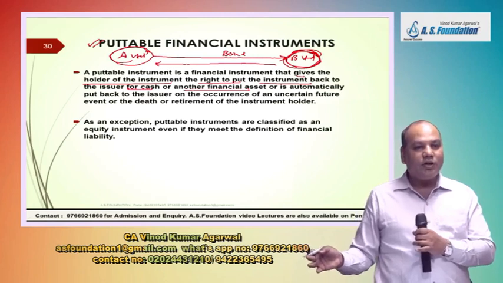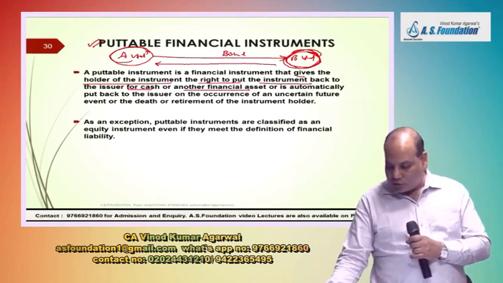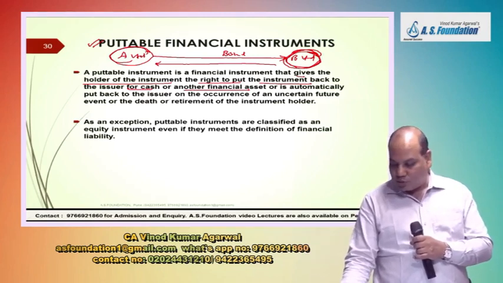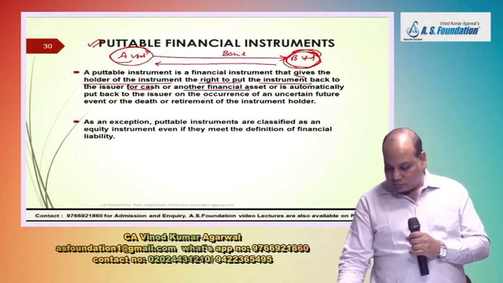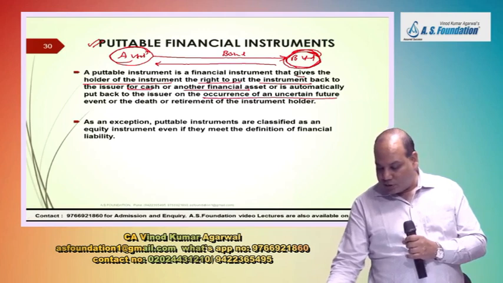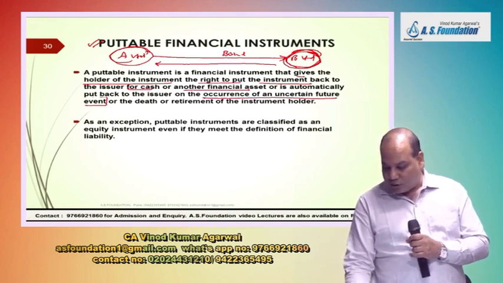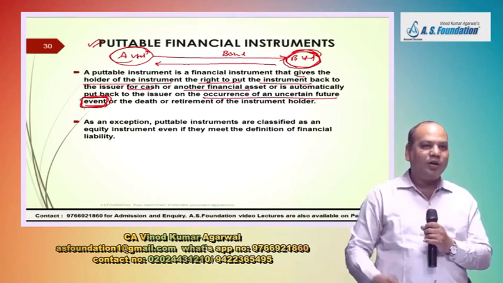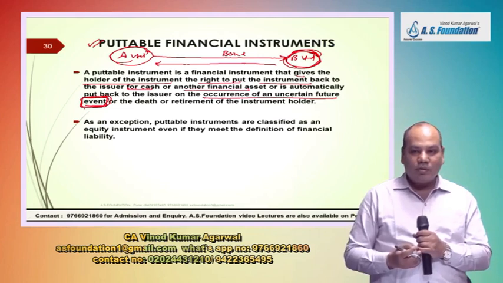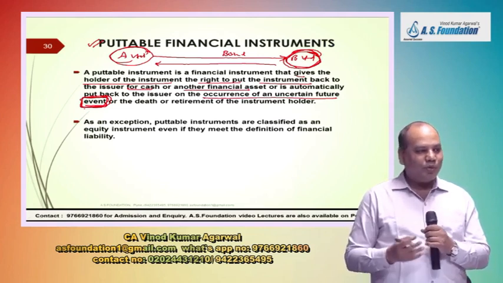This will be treated as equity. Or the instrument is automatically put back to the issuer on the occurrence of an uncertain event. Suppose Rahul Gandhi becomes Prime Minister, the instrument will automatically be redeemed. Puttable instrument.